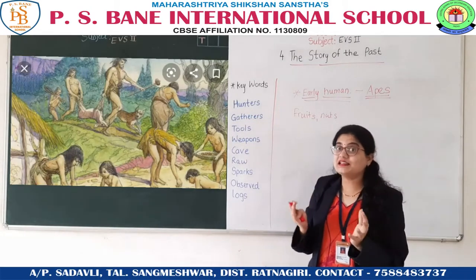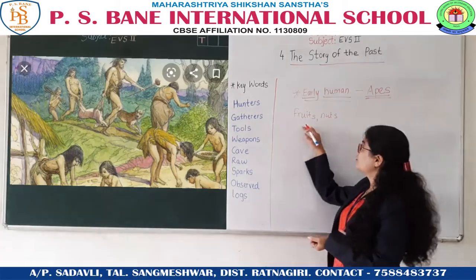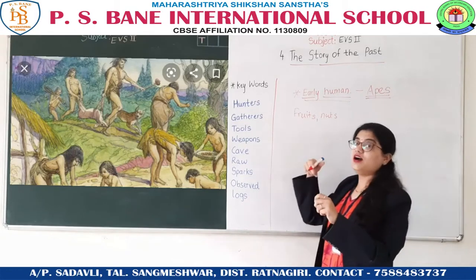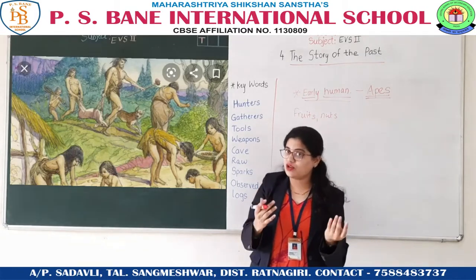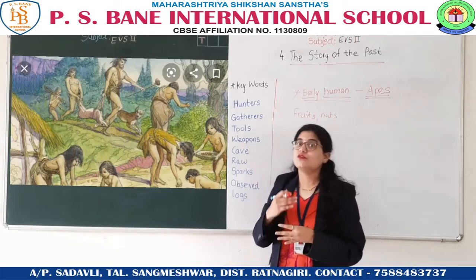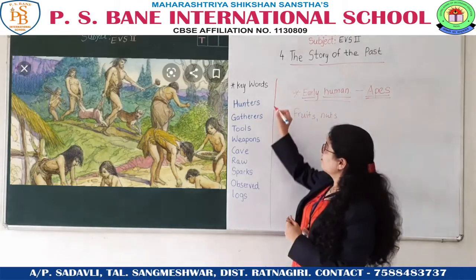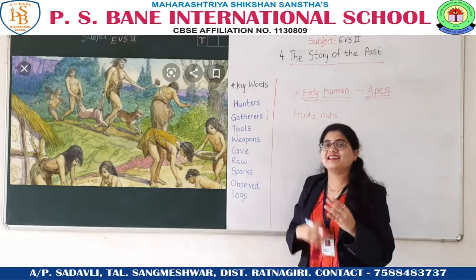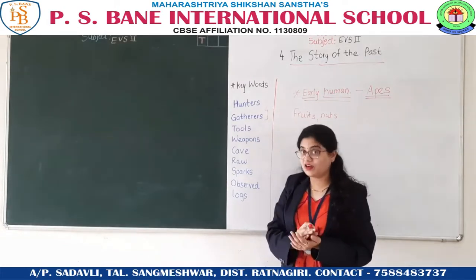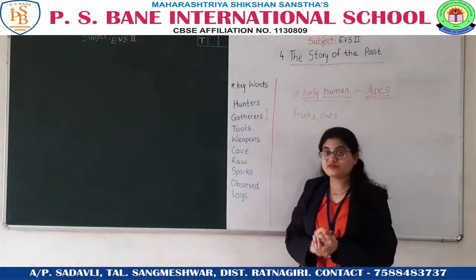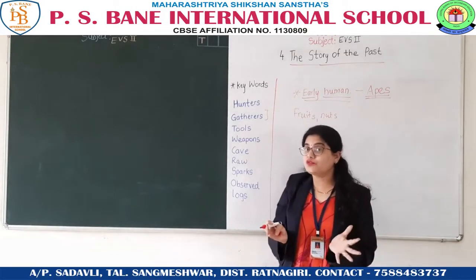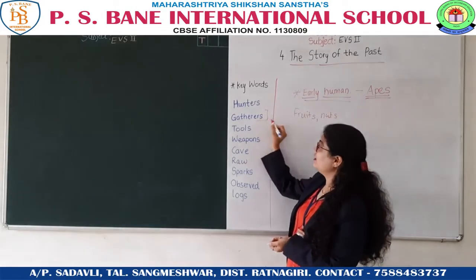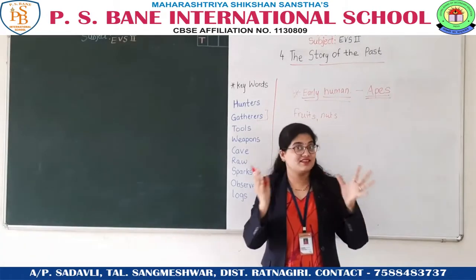They gathered fruits, nuts and berries and also hunted animals for food. Because of that, we call them hunters and gatherers, as they hunt animals and they gather food from the forest.